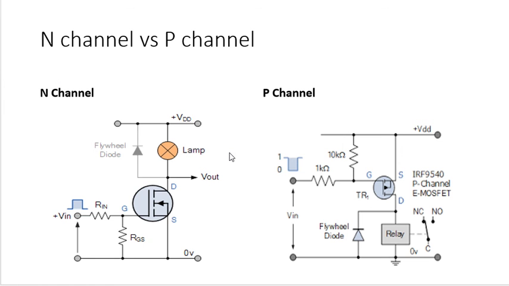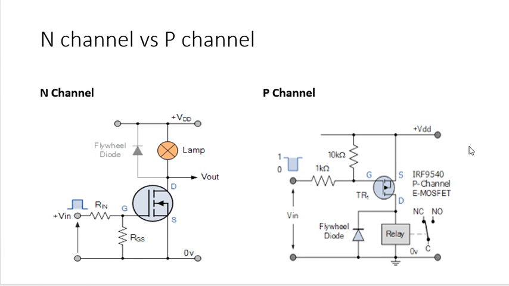In case of an N channel MOSFET, you have to provide positive to its drain. Here we have a load connected in series, so positive is connected to drain through a lamp, and ground is connected to source. We need to remember that positive should always be connected to drain and ground to the source. And as it is an N channel MOSFET, it requires a positive voltage to turn on. So from gate we have to provide a positive voltage to turn it on.